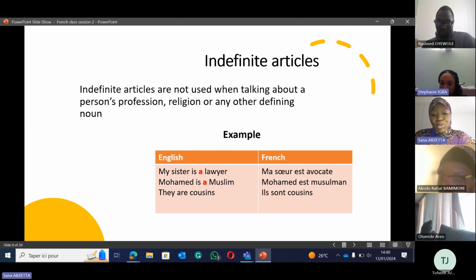And if you want to talk about the plural, in English we have they are cousins. But in French, you just say ils sont cousins. Okay, did you get it?